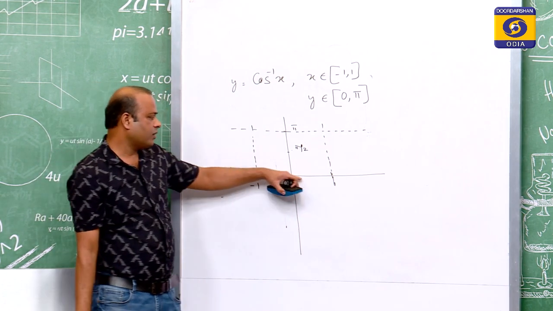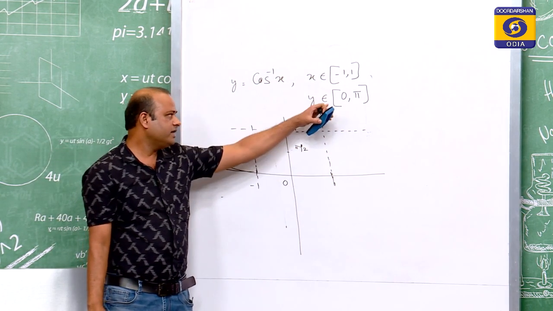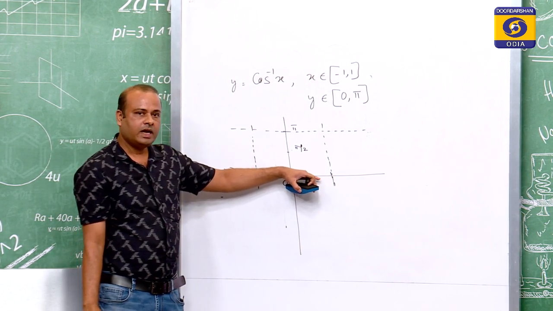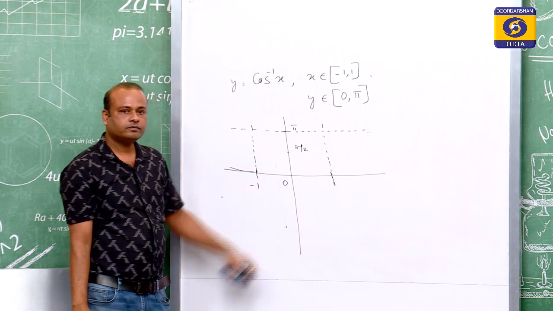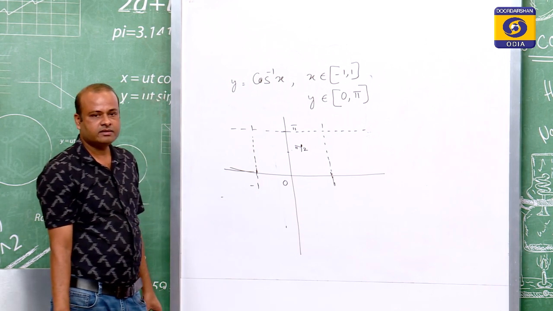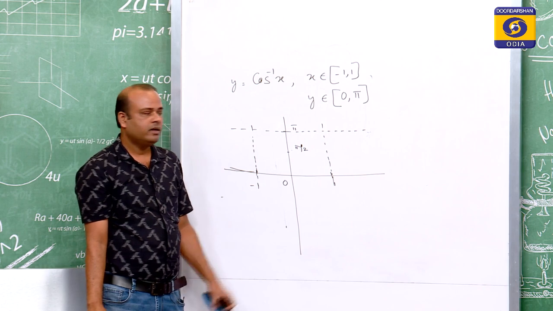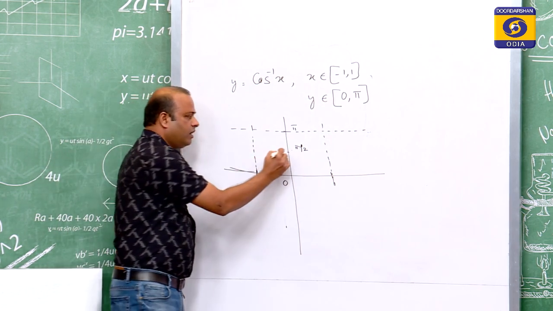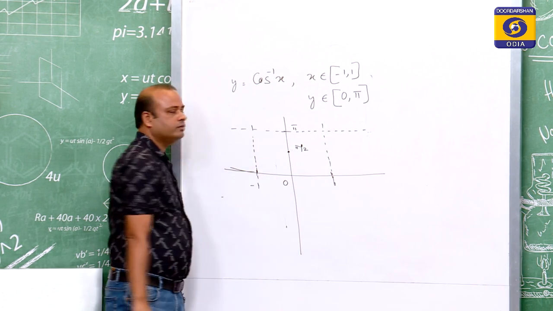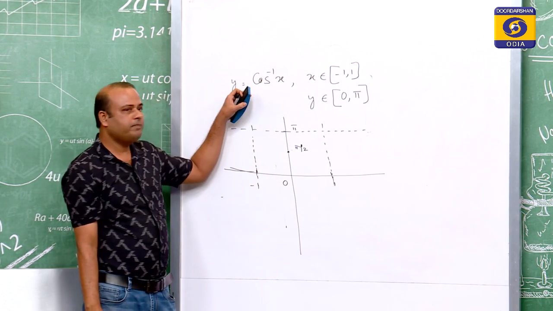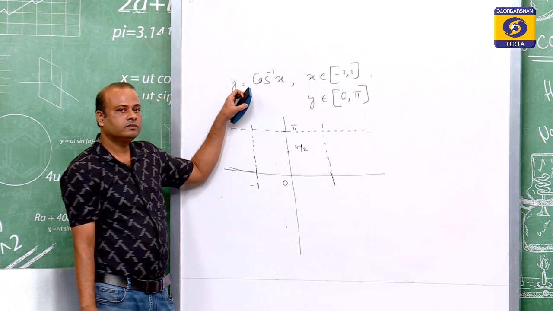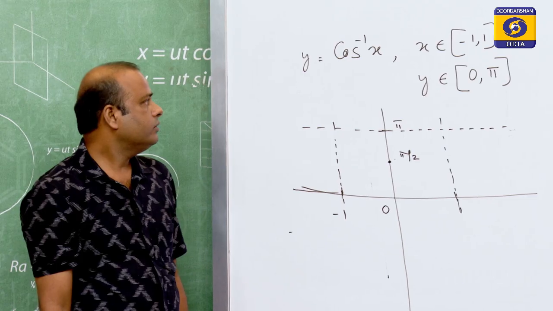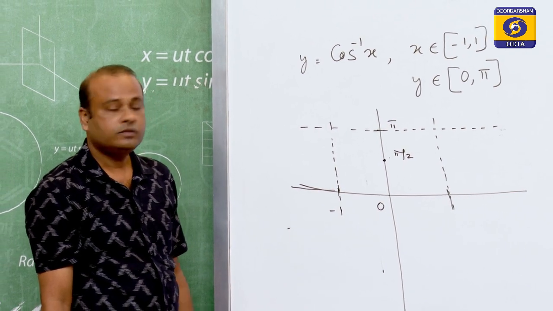As you know y is in the positive range 0 to pi, no part of the curve lies below the x axis, because y will be negative, but y cannot be negative. So, here at y equal to pi by 2, x takes the value 0.